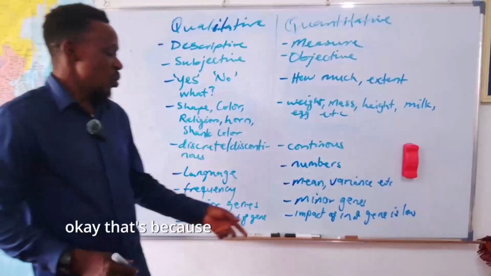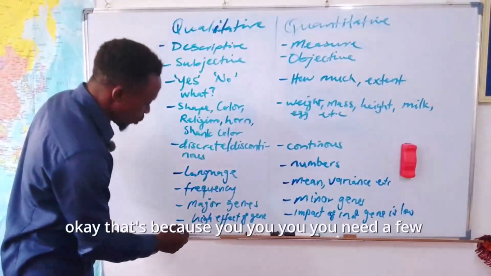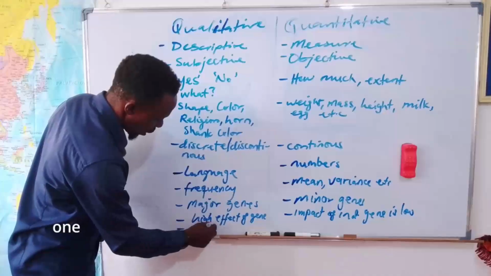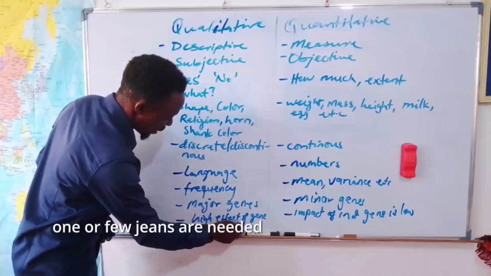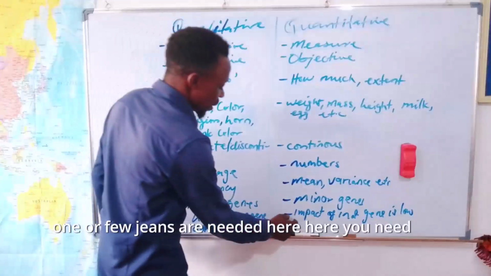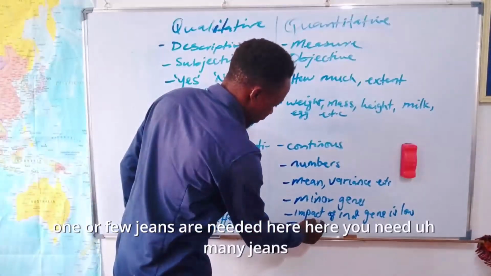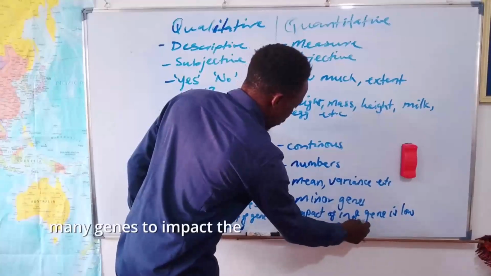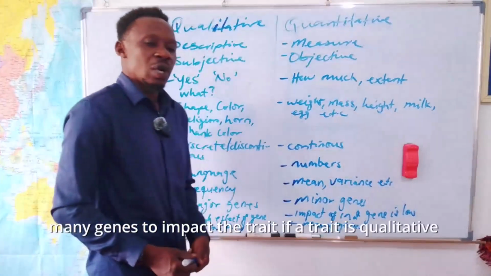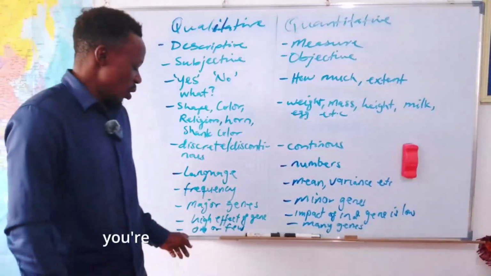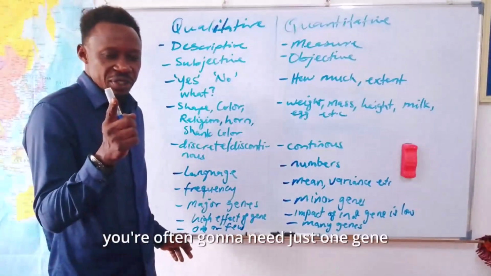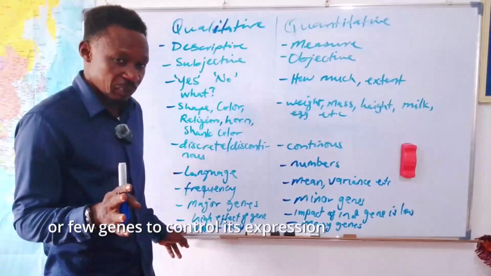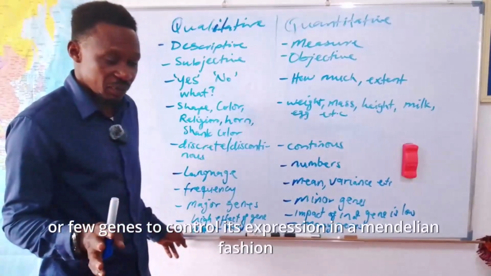Okay, that's because you need a few genes here. That's just one or few genes that are needed here. Here you need many genes to impact the trait. If a trait is qualitative in nature, you're often going to need just one gene or just two or few genes to control its expression in a Mendelian fashion.